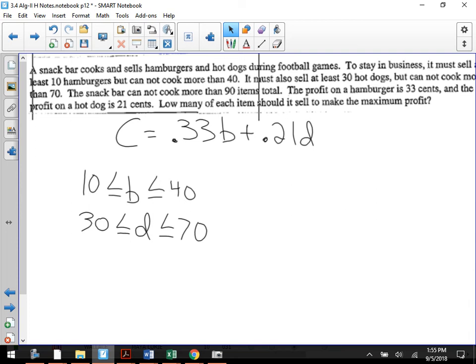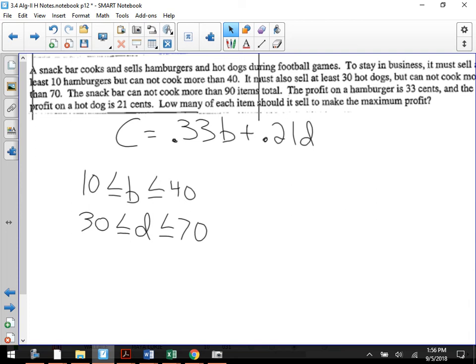The snack bar cannot cook more than 90 items total. Now, is 90 items total a combination of both burgers and dogs? If I cooked 89 burgers, how many hot dogs would I have to cook? One. Obviously, it wouldn't work with our parameters here. If I cooked 10 burgers, how many hot dogs would I have to cook? 80.